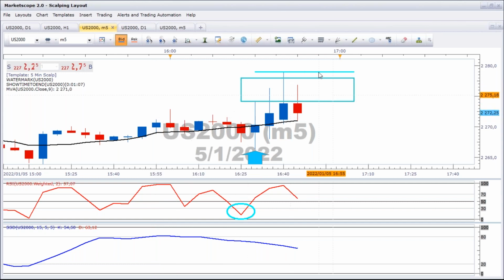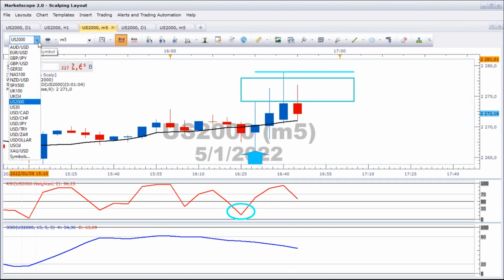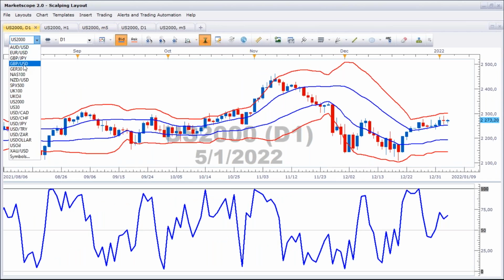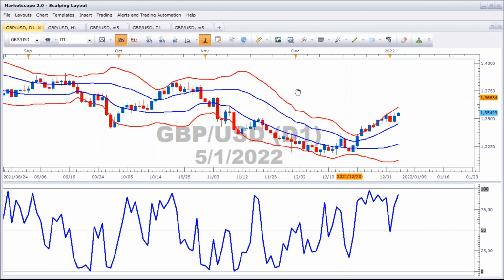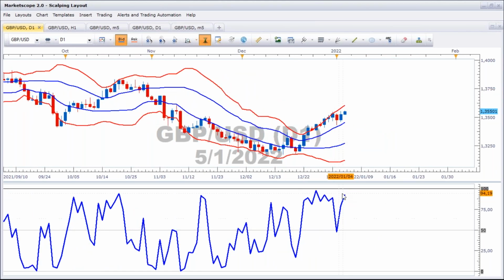All right, let's take a look at some other instruments. Next one I'm going to take a look at would be cable. All right, so cable, again, momentum's upwards on the daily.